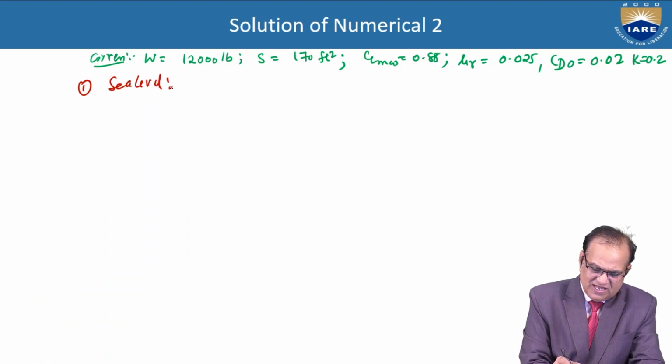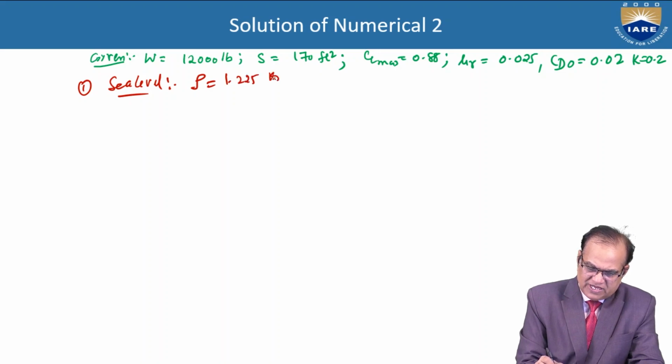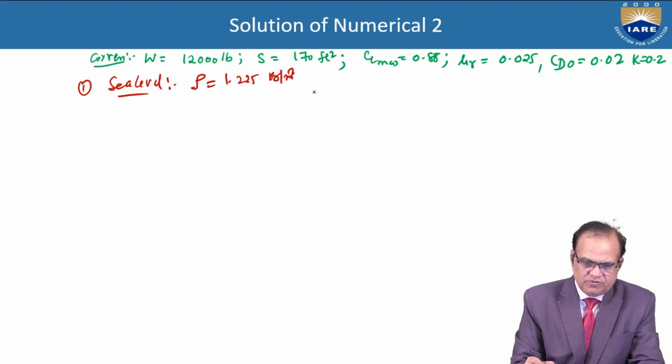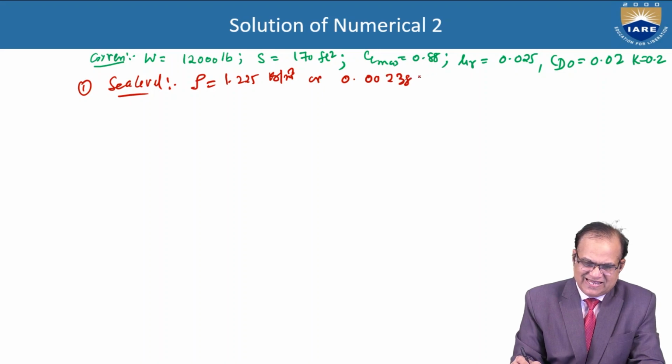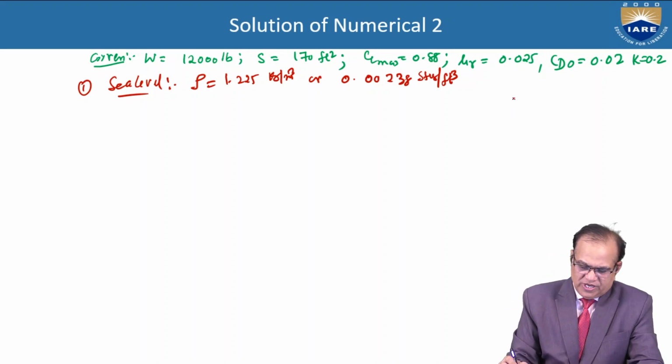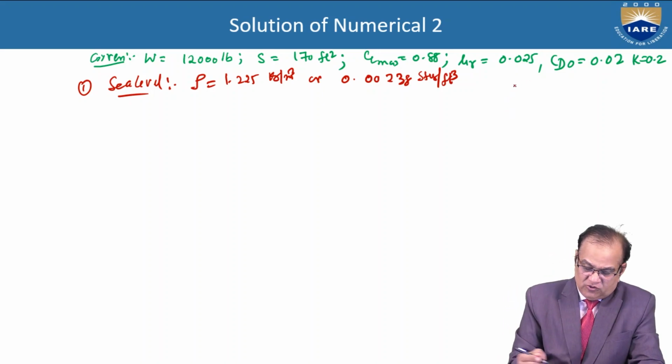At sea level, rho is equal to 1.225 kg per meter cube, or 0.00238 slugs per feet cube. First we have to find out the stall speed.